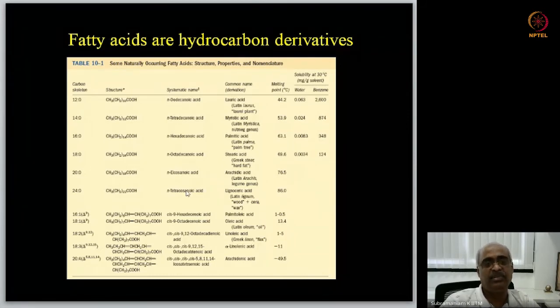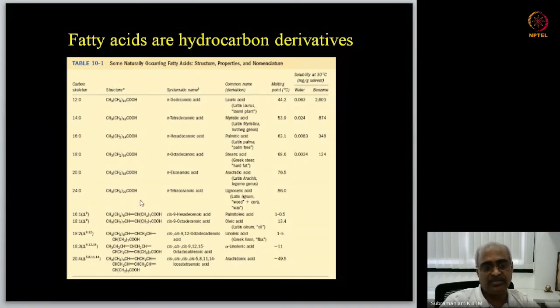And they are usually solid at room temperature. Their melting point depends on the chain length and the degree of unsaturation, how many double bonds, etc. So they are usually not soluble in water because they are very hydrophobic.